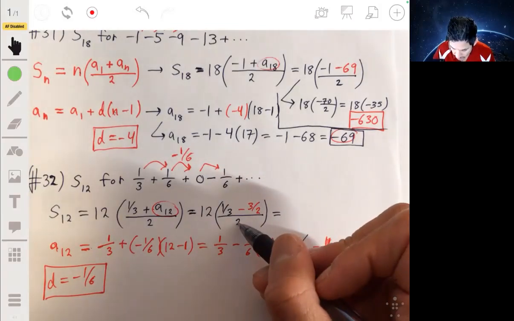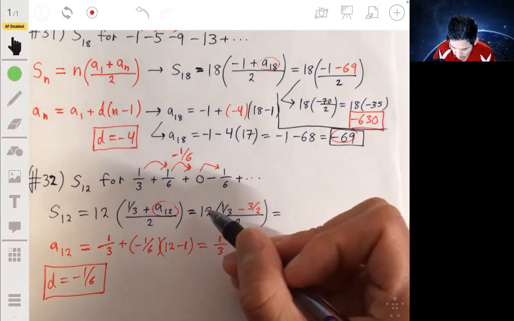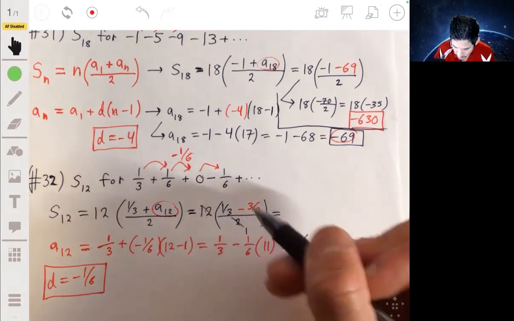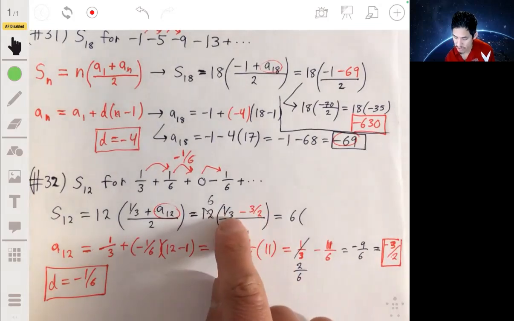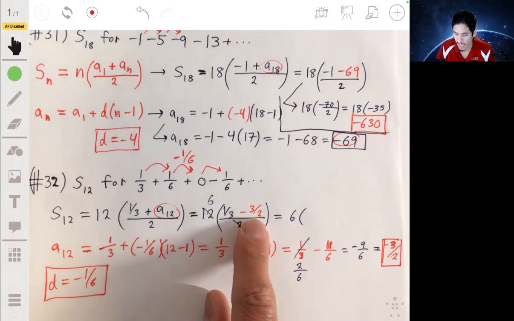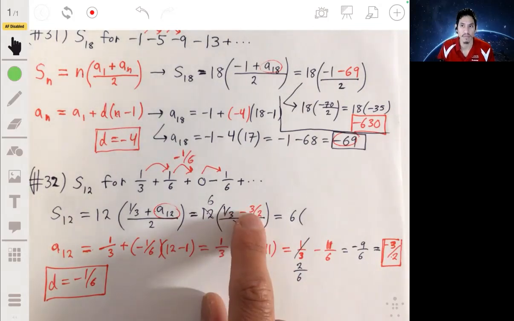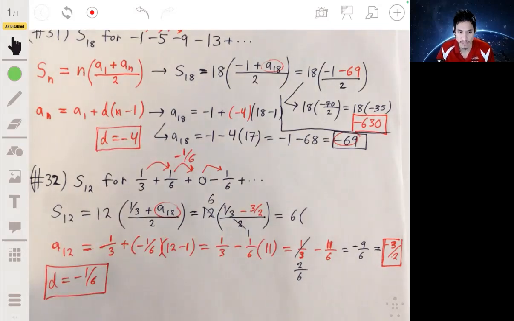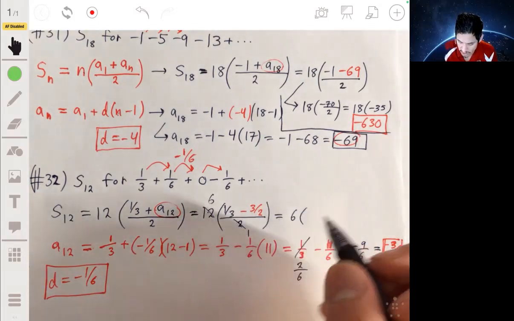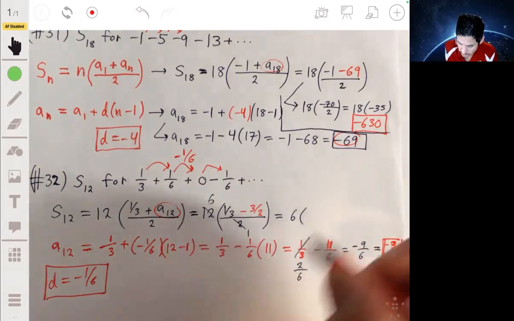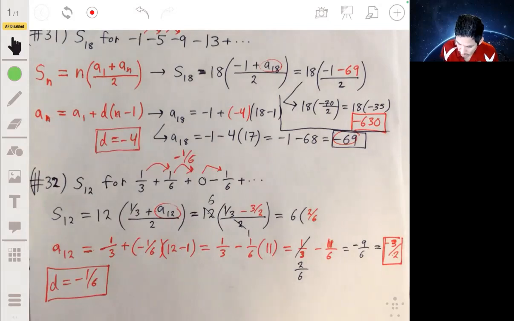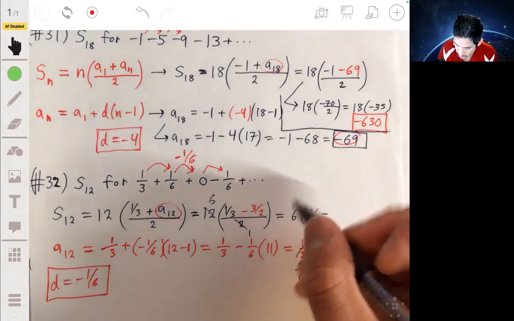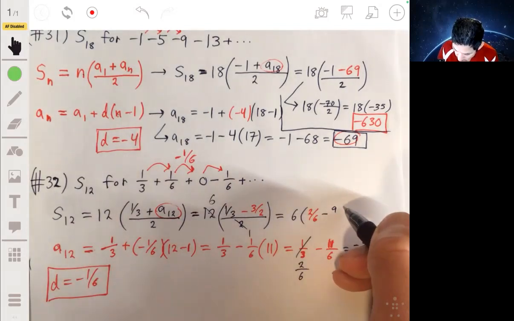If you want, you can take out this 2 right now, or do 12 over 2, which is just 6. So this becomes 6 times whatever this is. So 1/3 minus 3/2. Let's have a common denominator of 6. 1/3 is the same as 2/6, and 3/2 is the same as 9/6.